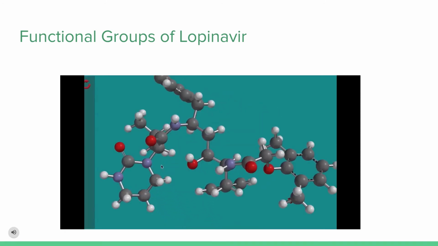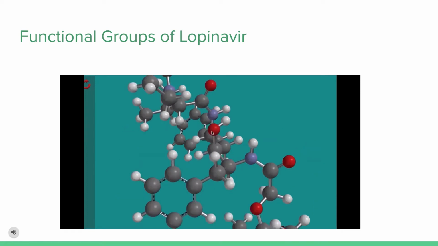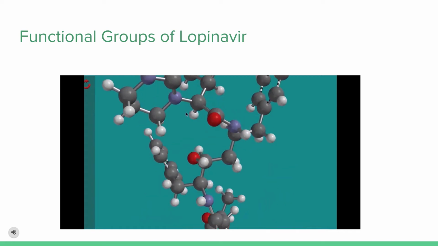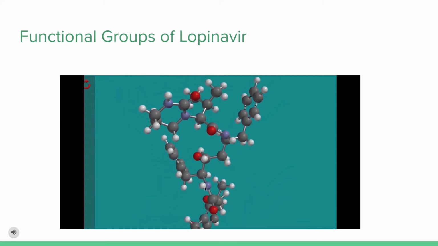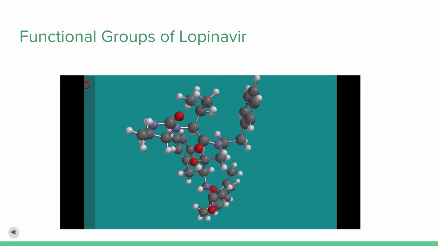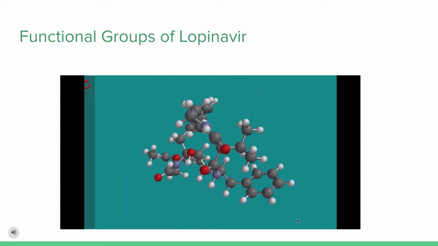So if we look at the molecule closely, we can see our first functional group, which is the pyrimidine derivative. The next functional group, we have the amide right there. Next, if we zoom out, we can find the benzyl group.